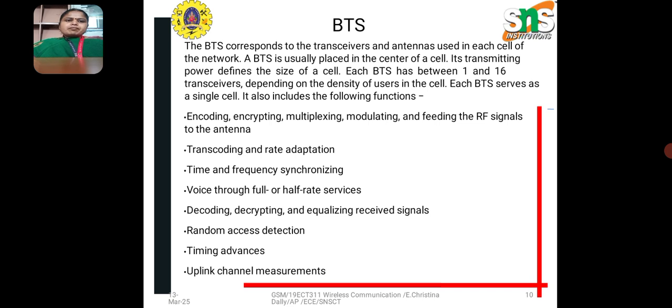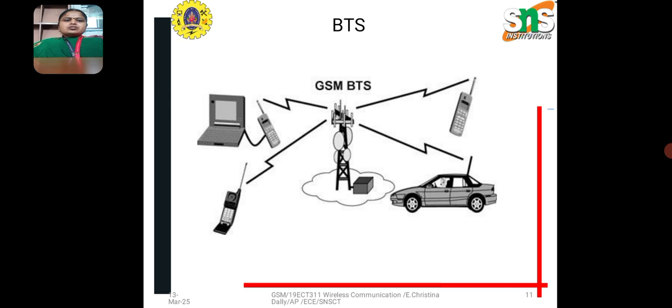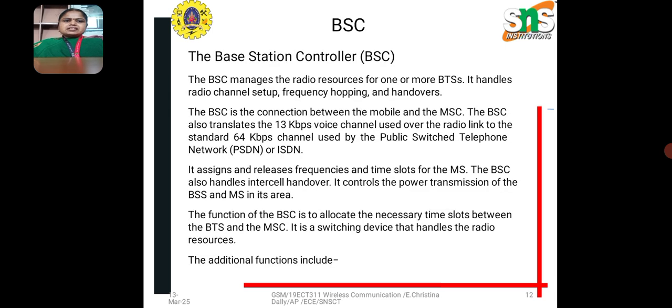At the same time, we have many functions in this BTS: encoding, encrypting, multiplexing, modulating and feeding, transcoding and rate adaptation, time and frequency synchronizing, decoding, decrypting and equalizing received signals, and uplink channel measurements. This is the diagram of the BTS.